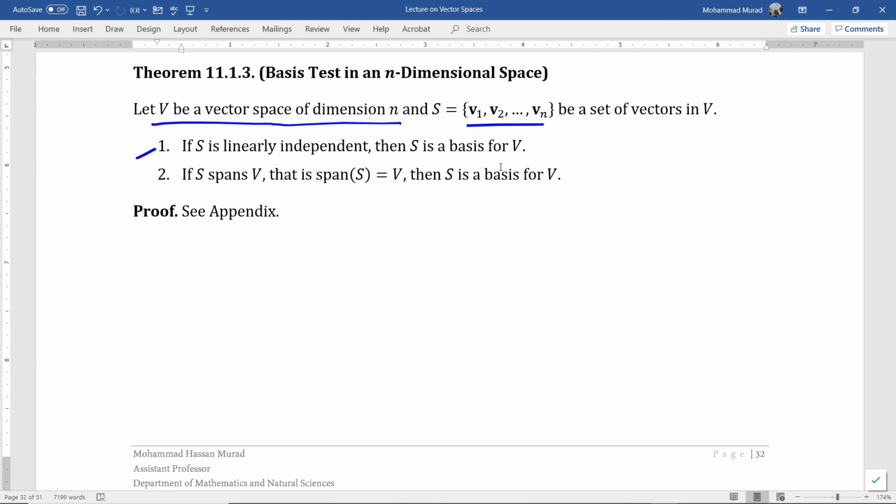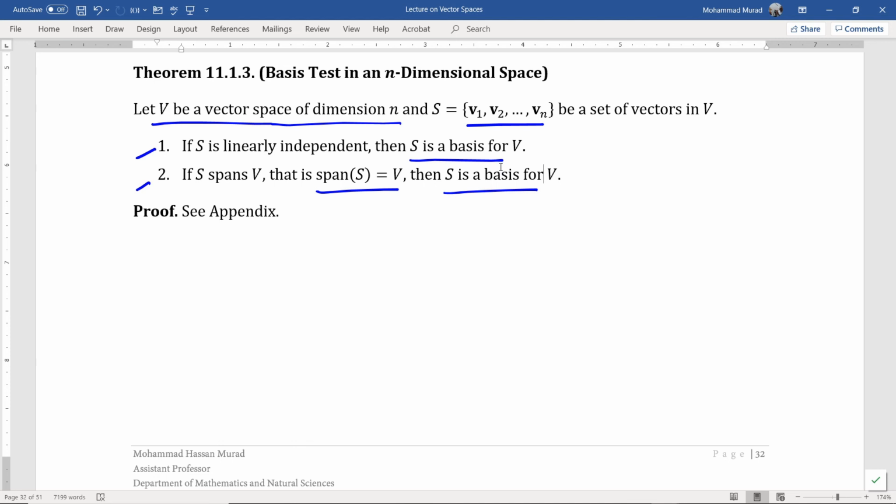If S is linearly independent, then S is a basis for V. Condition 2. If S spans V, then S is a basis for the vector space V.